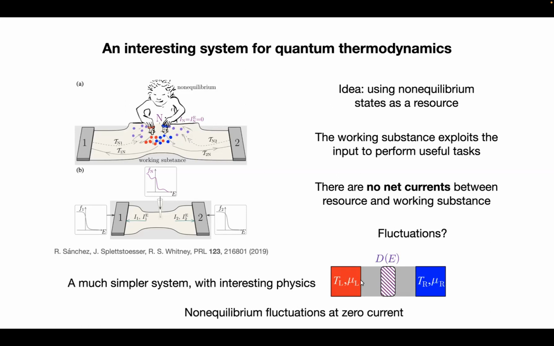You start from a situation with just two terminals, and the properties of your conductors are encoded in a transmission function that simply tells you the probability that you can be transferred from one side to the other of the system if your incoming electronic states have energy E. And so we started to try and characterize how non-equilibrium fluctuations behave in this system under the condition that we have a zero average current, because we had in mind to characterize the properties of a system where, on average, you don't inject any particle or energy current.